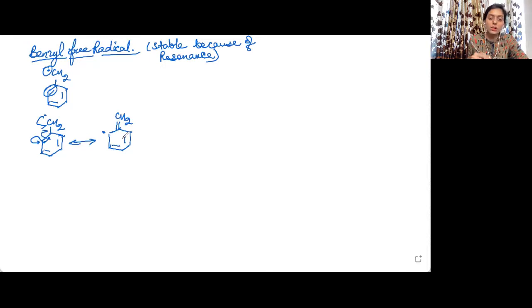Now we need to move in one direction only. So we will be considering the next double bond. So now this free radical and this double bond, they are in conjugation with each other. So it will be like this. This is a half-headed arrow. This is not a full-headed arrow.